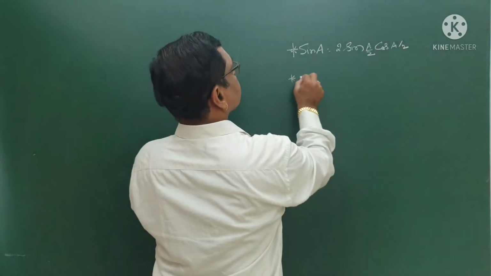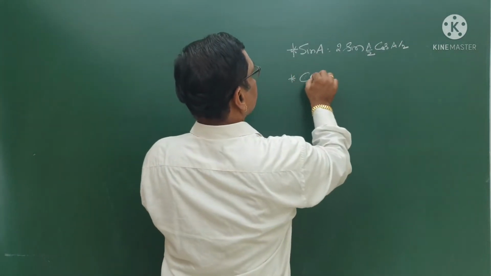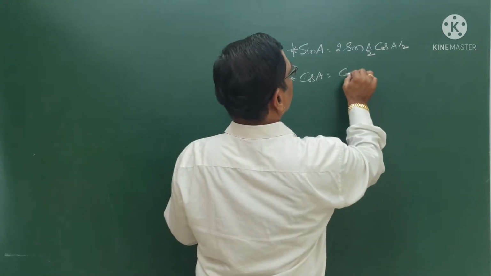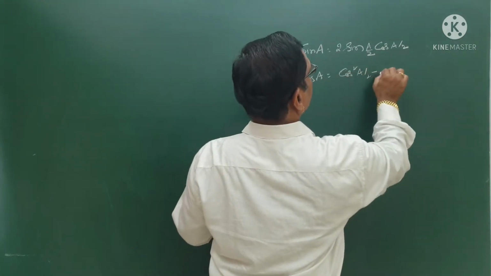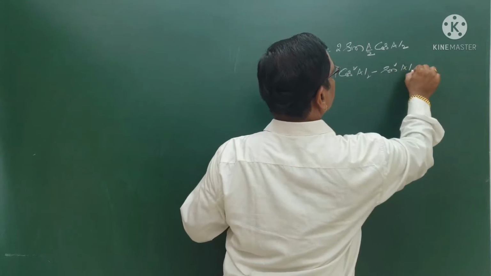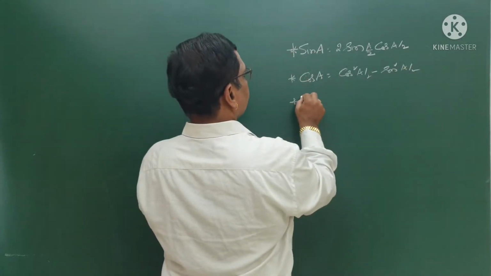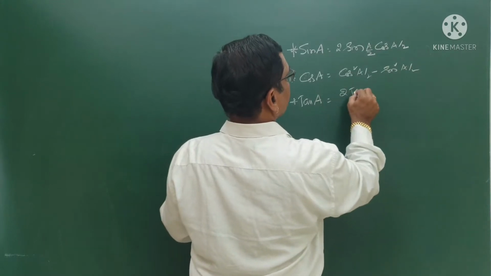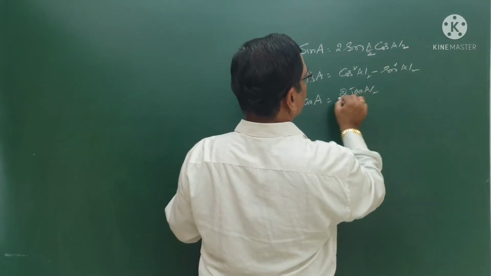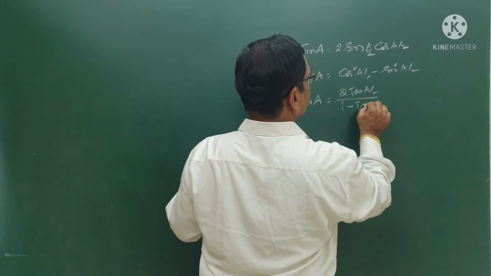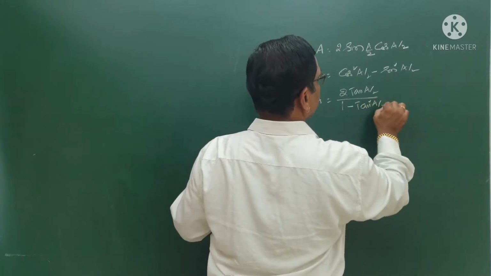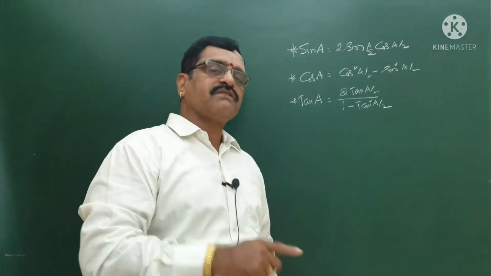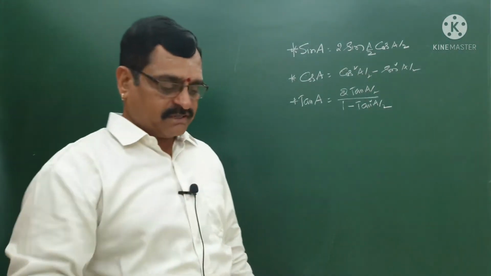And cos A is equal to cos square A by 2 minus sin square A by 2. Similarly, we have tan A is equal to 2 tan A by 2 by 1 minus tan square A by 2. These are the 3 basic formulae. Using these, I am going to the next step.